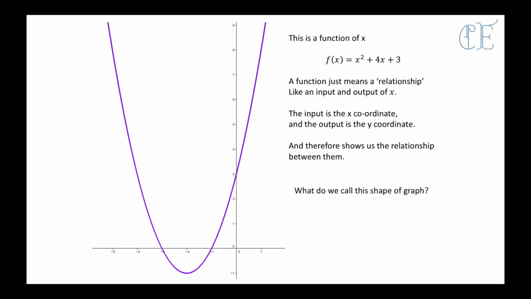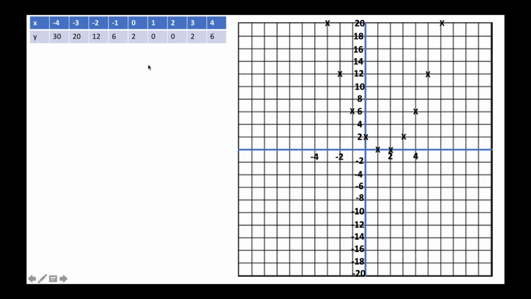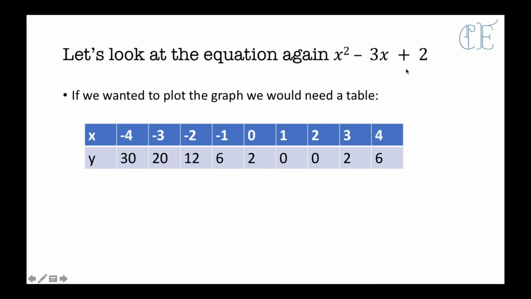What do we call this shape of graph? If you remember from the previous video, it's called a parabola. So this is the curved line that we have plotted for this quadratic equation.